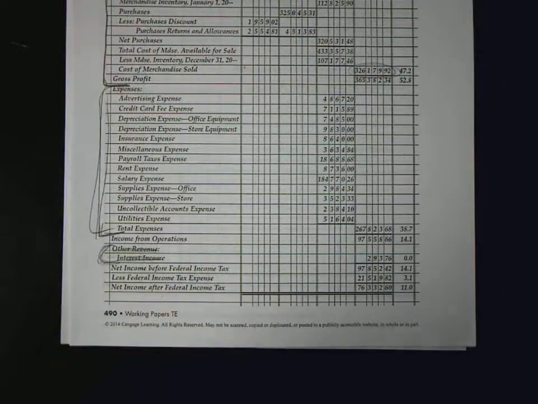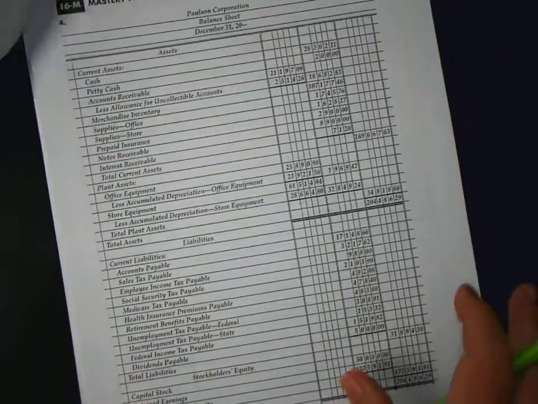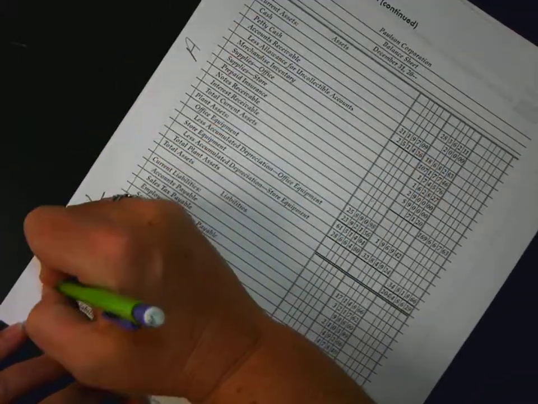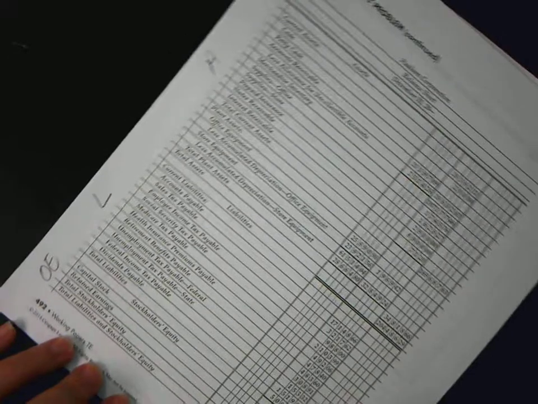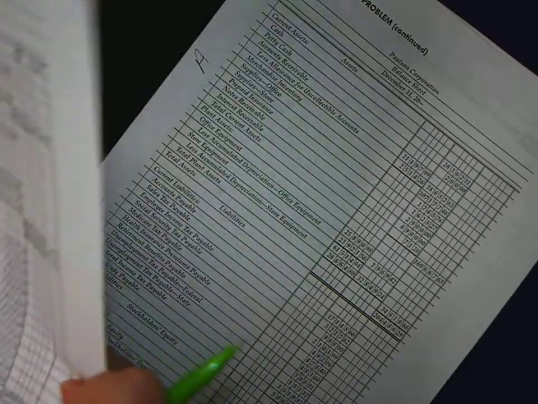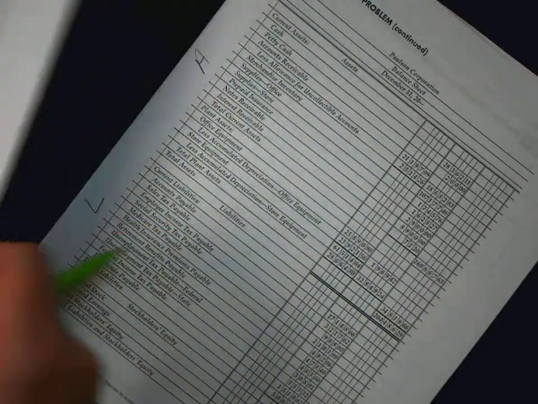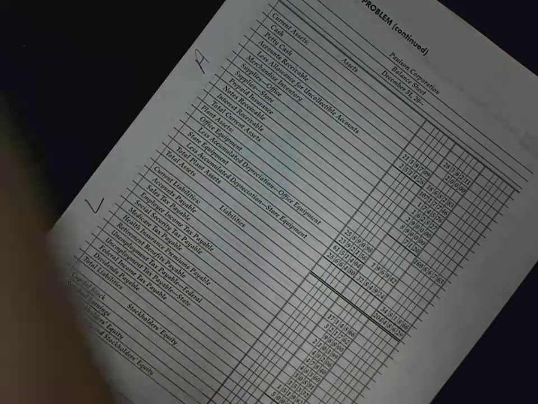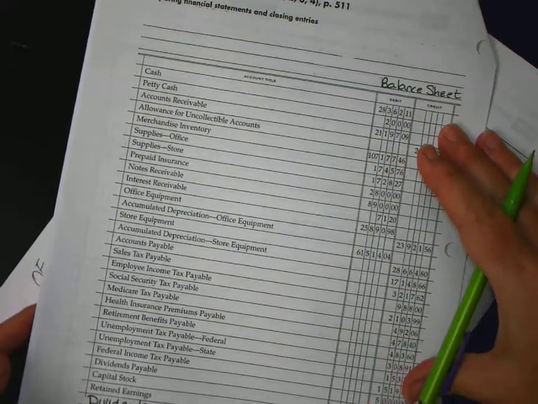Again, you're just going to have to use this as a go-by as to what column holds what number. Same thing for the balance sheet. Basically, you have assets, liabilities, and owner's equity. That's what a balance sheet is. Off your worksheet, you're going to have all of that information.